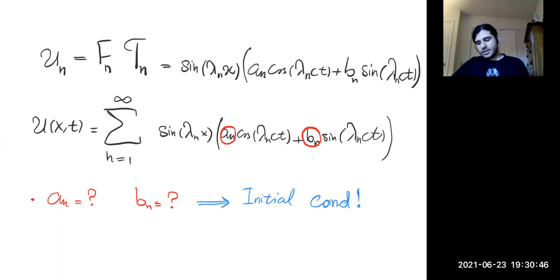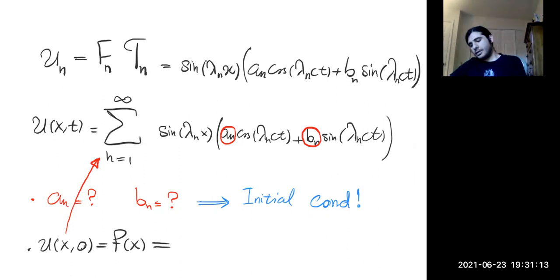What was the initial condition? The initial condition told us that u at the time 0 is given and it's equal to f of x. So u at x and 0 is equal to f of x. On the other hand, I can compute u at the time 0 by just inserting t equals 0 in this equation. So if t is equal to 0, this would be 0, therefore the sine is 0. And if t is 0, cosine would be 1.